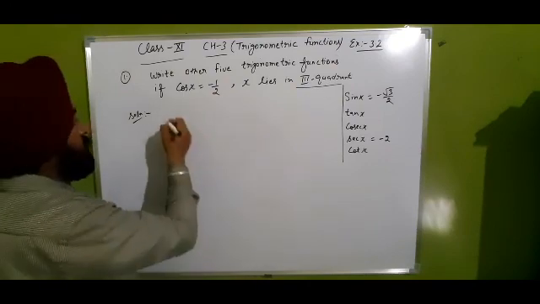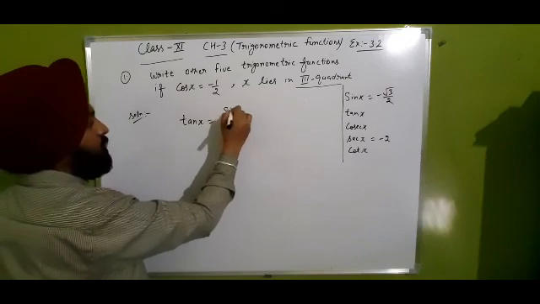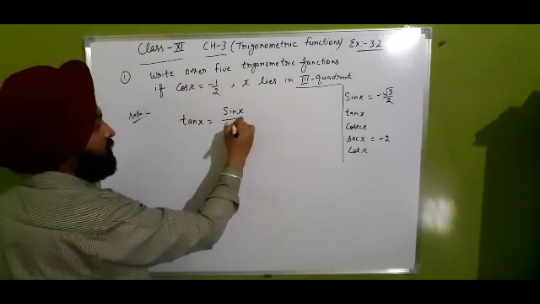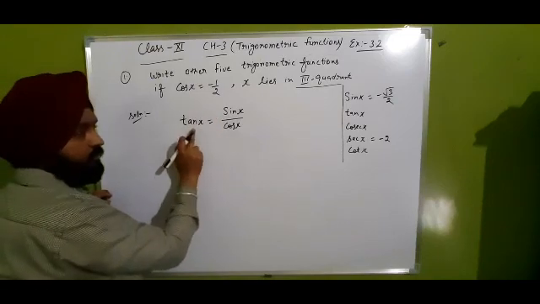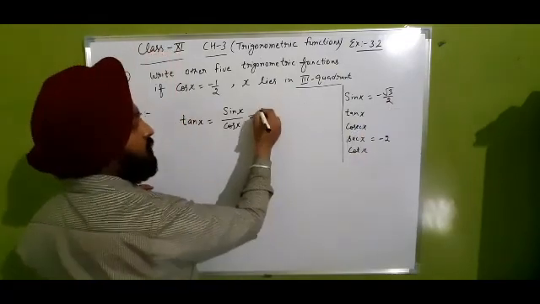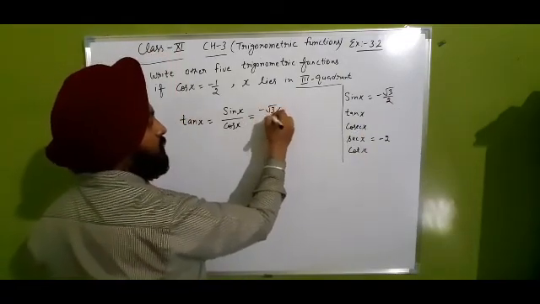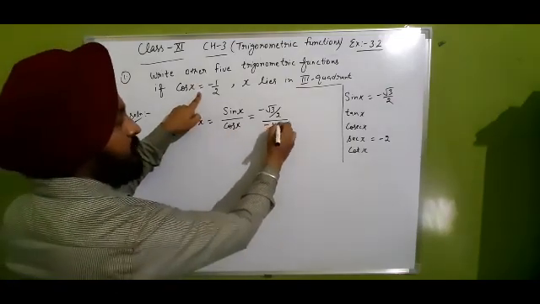Now we have to find tan x. Yes, we know that tan x is always equal to sin x upon cos x. Remember this formula? Sin x upon cos x is always equal to tan x. Sin x value we have calculated, minus square root 3 upon 2, over cos x value already given, minus 1 upon 2.